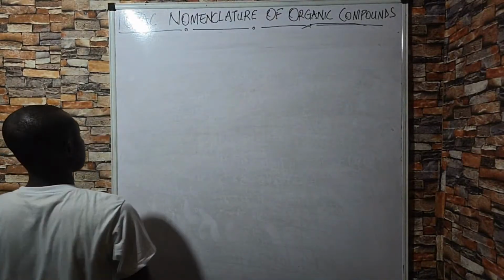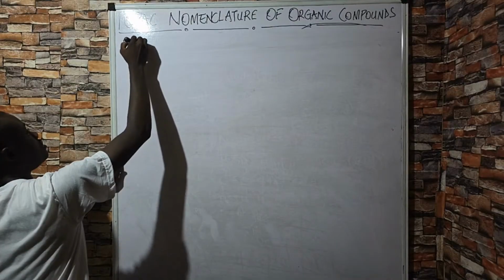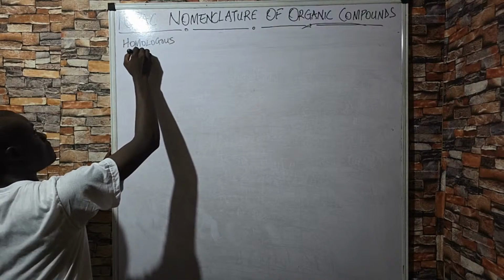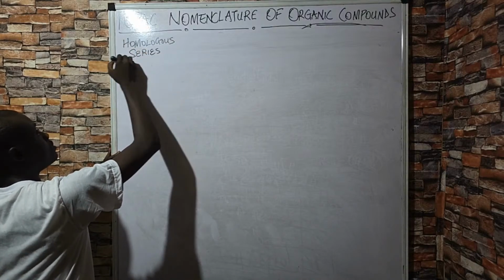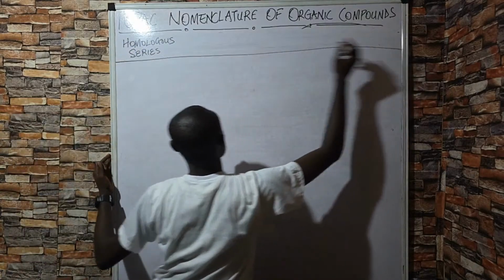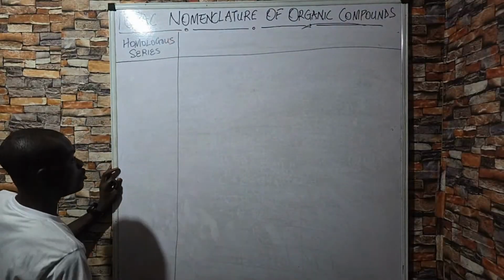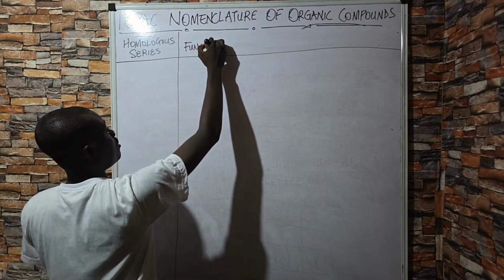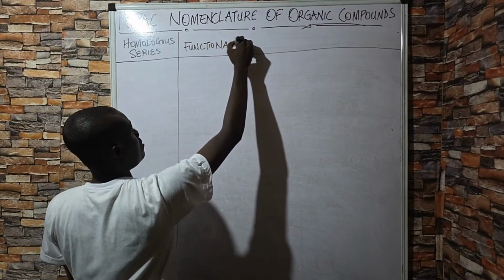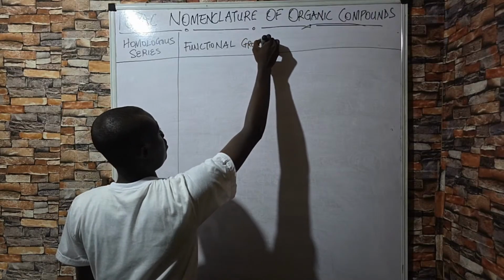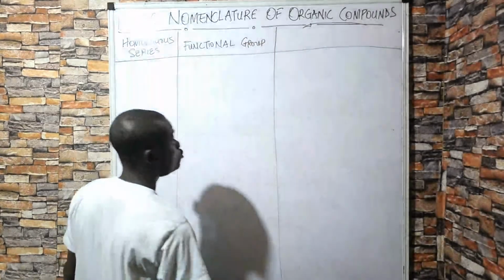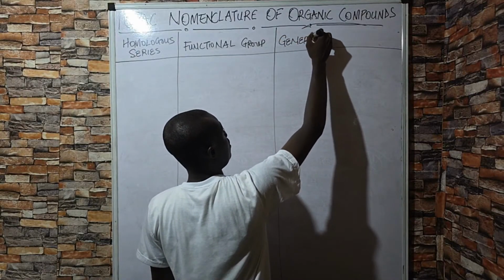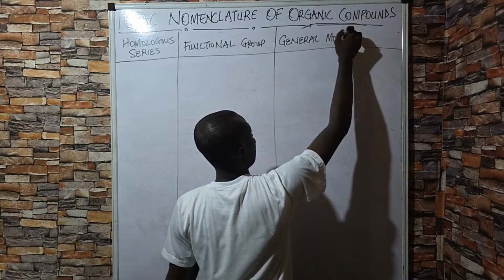So we have the homologous series, then we are going to take their functional group, and thereafter we take their general molecular formula.